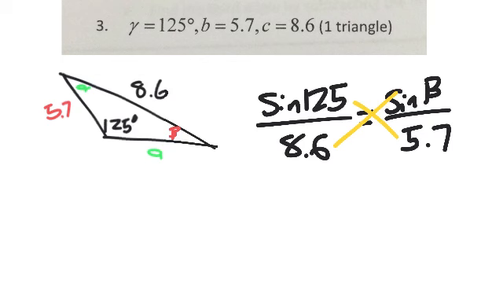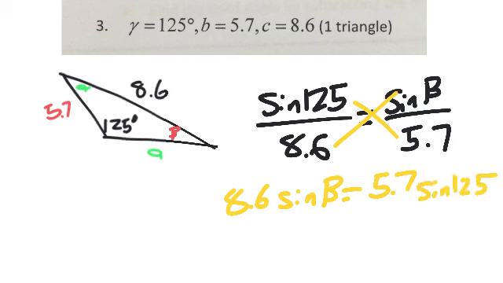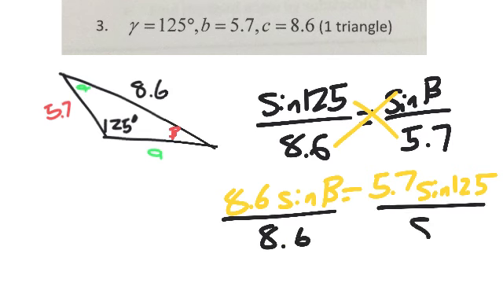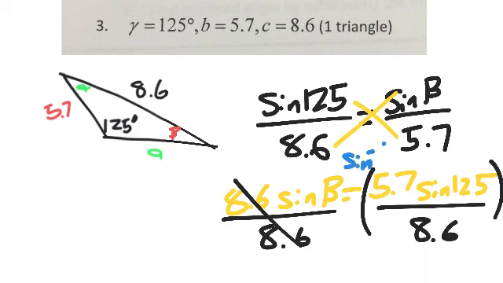Now cross multiply. So I've got 8.6 times sine of beta equals 5.7 times sine of 125. I'm going to divide by 8.6. Those cancel. So I'm left with sine of beta equals this. Well, I want to find out what beta is, so I'm going to take an inverse sine of both sides.